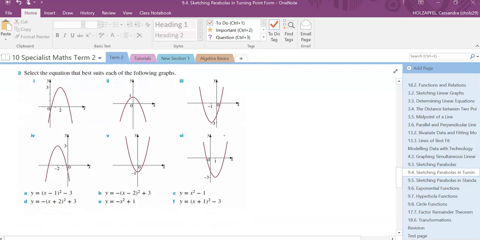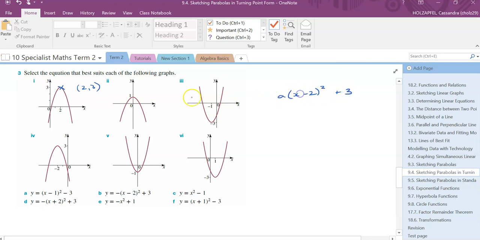Okay, so select the equation that best suits each of the following graphs. So all I'm going to do is have a look at this turning point here. So this turning point is at 2, 3. Now, because it's been shifted to the right by 2, that means it's going to be x minus 2 squared, and then it's been shifted up 3.